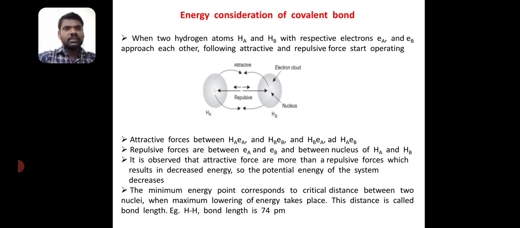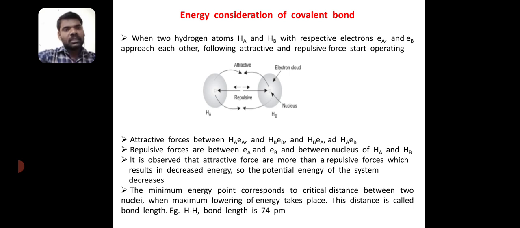Another one is the energy concept of the covalent bond. How is the covalent bond formed, by the energy concept? When two hydrogen atoms, say HA and HB, with electrons EA and EB, approach each other, attractive and repulsive forces operate.